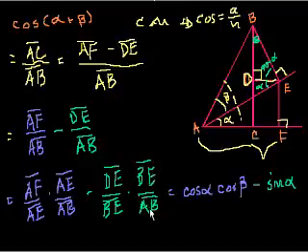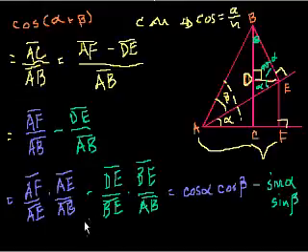And what is BE over AB? Look at this triangle again. For beta, BE is the opposite and AB is the hypotenuse, so opposite over hypotenuse for beta. So it's the sine of beta. Pretty neat.